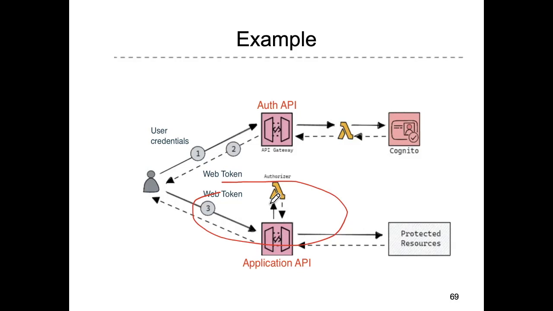Alternatively, it will create an IAM policy on the fly that denies it the right to invoke the backend Lambda.